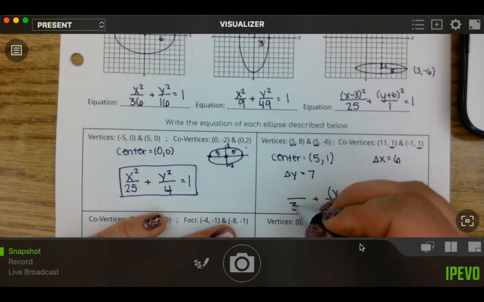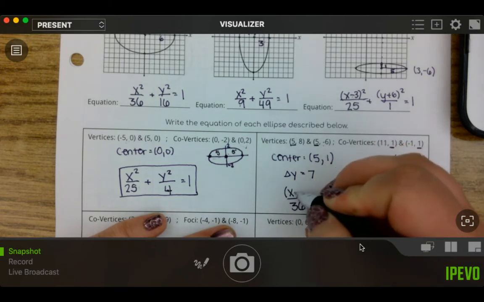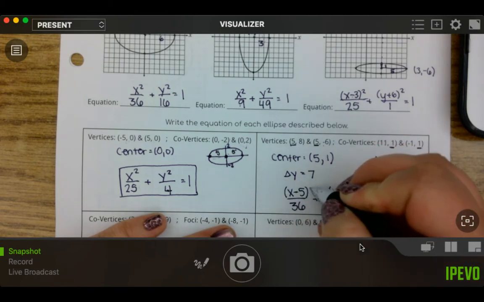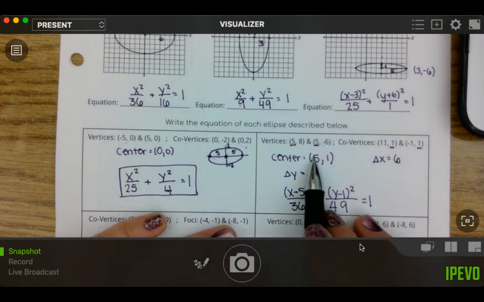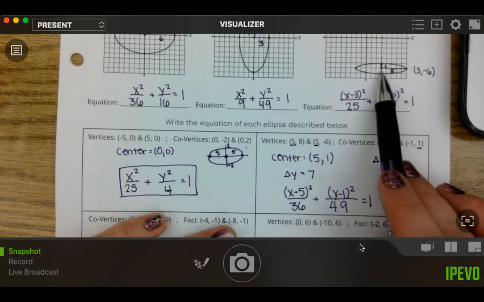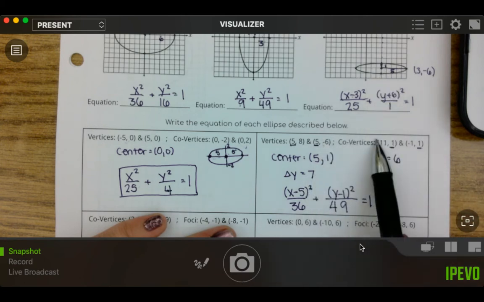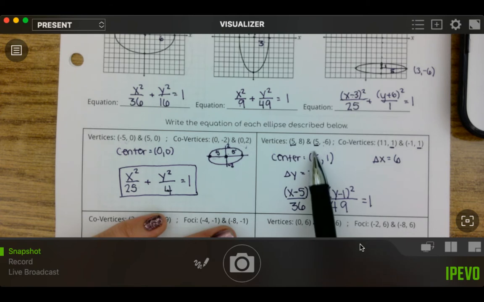So I would put 36 underneath, and that's going to be x minus 5 squared, because you're using the opposite of the x part of the center. The vertices and the co-vertices can each give you one of the distances. Just like I had to count them both on the graph, I have to calculate them both from the points. One of the numbers should be the same though, so you're really just focusing on the other one.